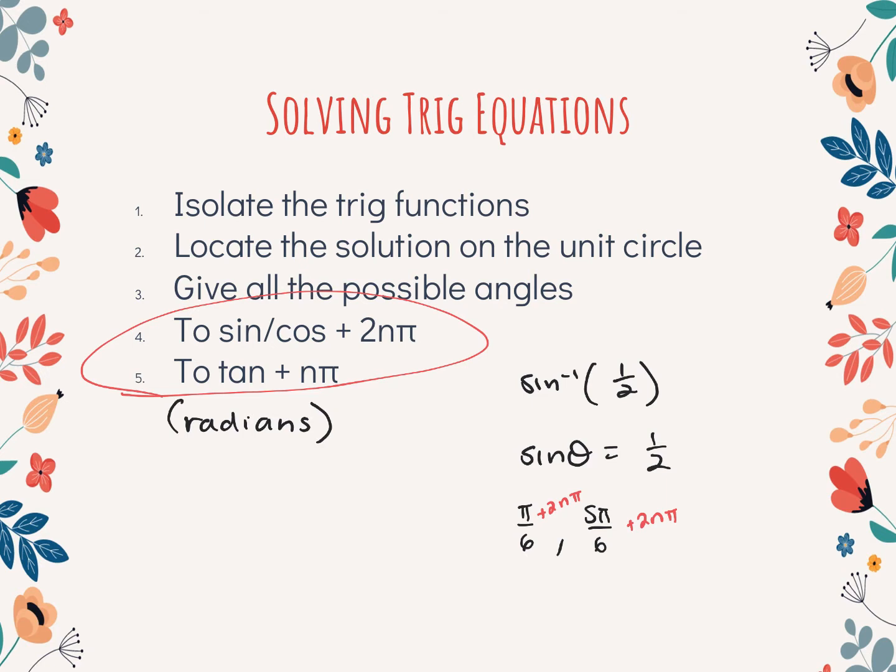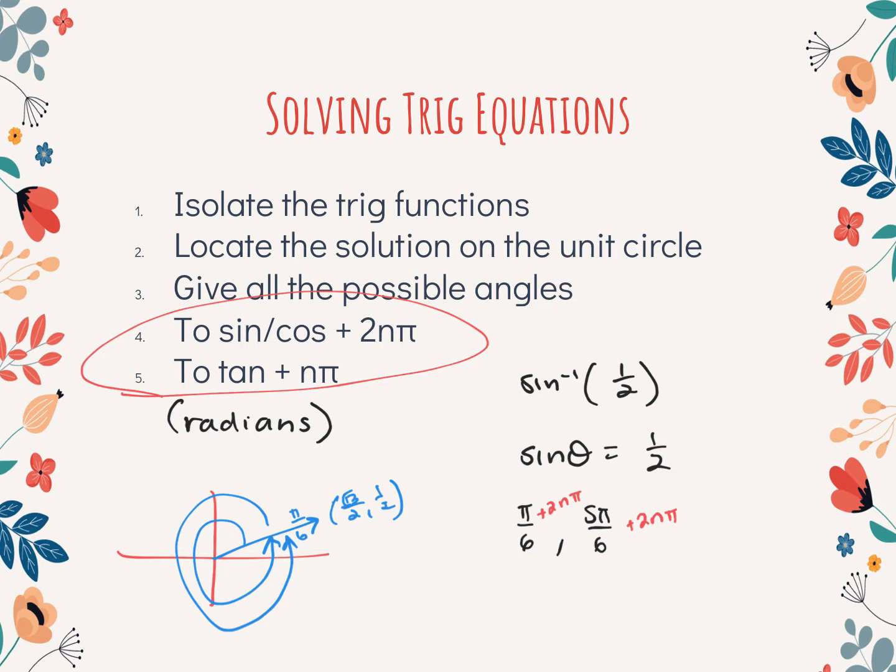So, for example, if the sine of theta is 1/2, and this is pi over 6, and I know that sine is positive 1/2 there, if I go around the circle again, it's also positive 1/2 there. If I go around the circle again, it's also positive 1/2 there. So you're basically saying not only is it true for that angle, but it's true for all of its coterminal angles. So that is that 2n pi.